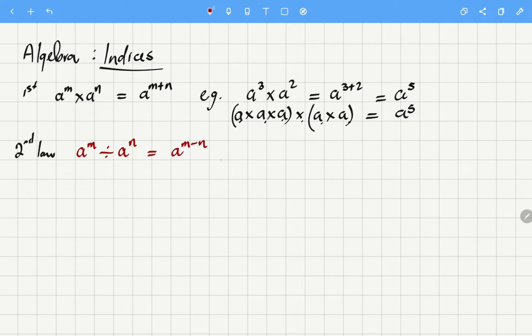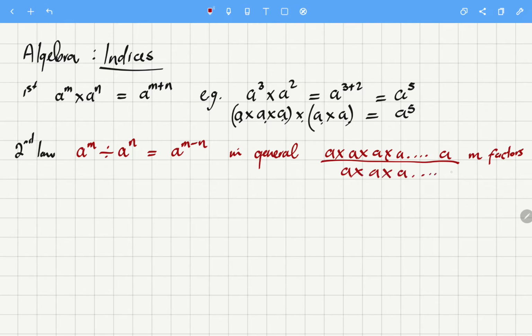So in general, we've got a times a times a and so forth, that's m factors, and then a times a times a and so forth, that's n factors.